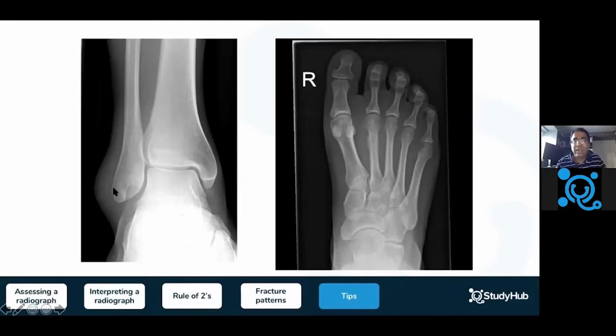So that itself is an indication to you that there may be a soft tissue injury. Now, one thing you will notice whenever you do A&E, a lot of people will come in with ankle injury, twisted ankles, fall, unable to weight bear, etc. And all of that invariably is just ligamentous injury with soft tissue swelling, but there will be no bony injury for that.